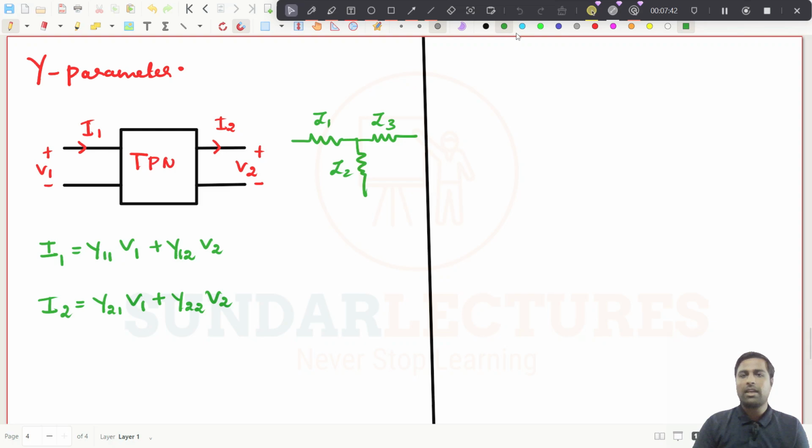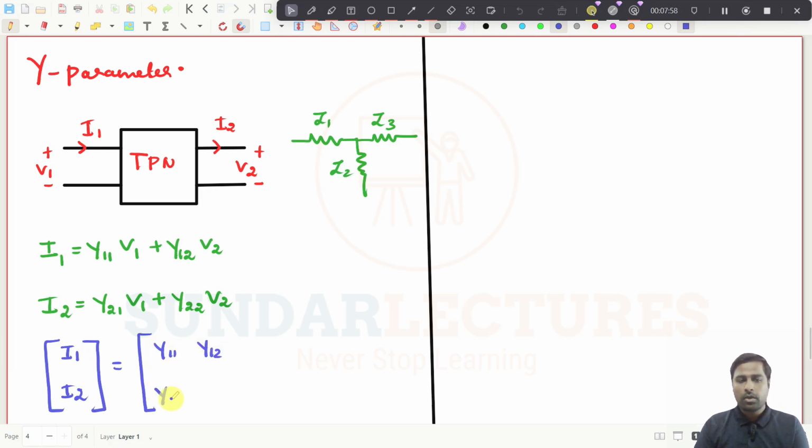So what will be the expression? See, if I want to write this in matrix format, this is I1 and this is I2, and this has to be written as Y11, Y12, Y21, Y22, and this will be multiplied by V1 and V2, right?